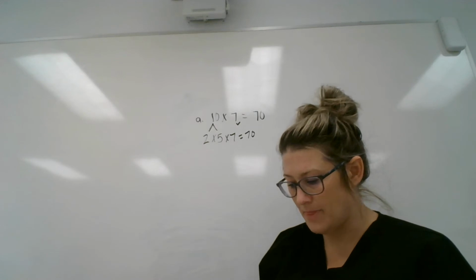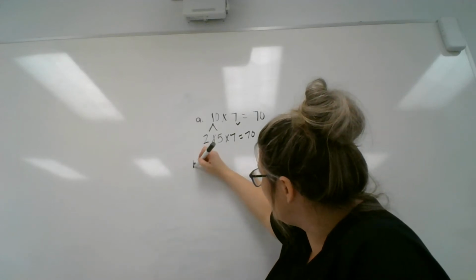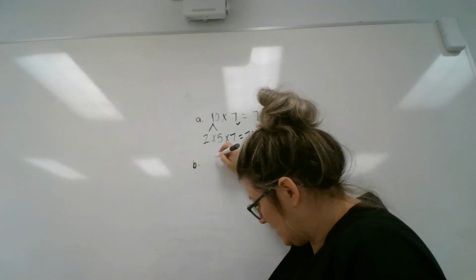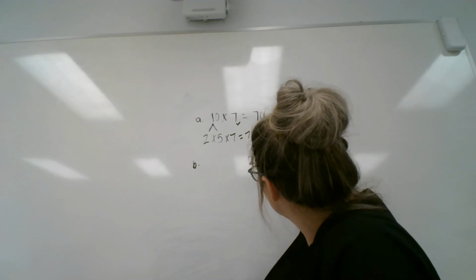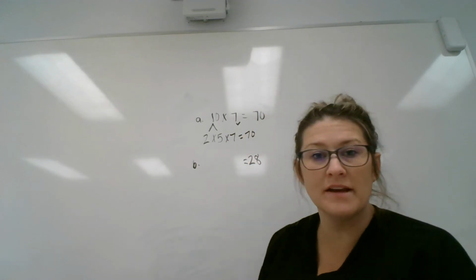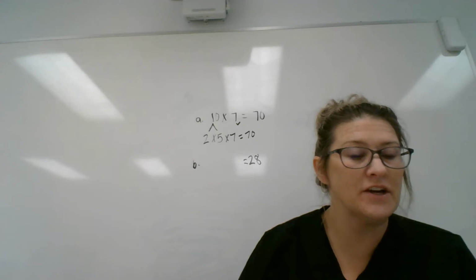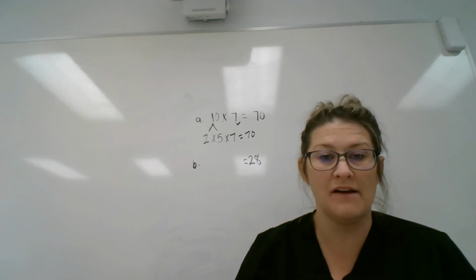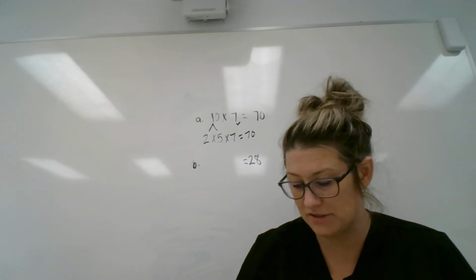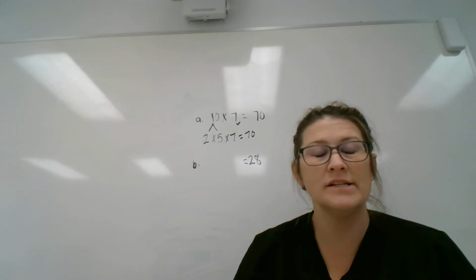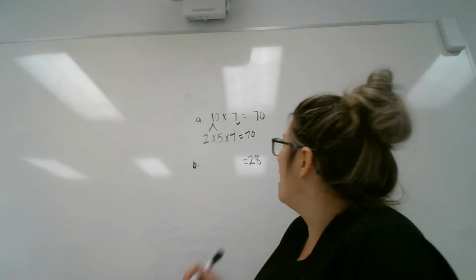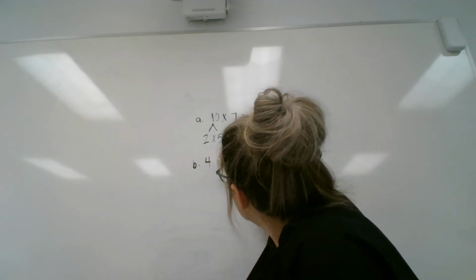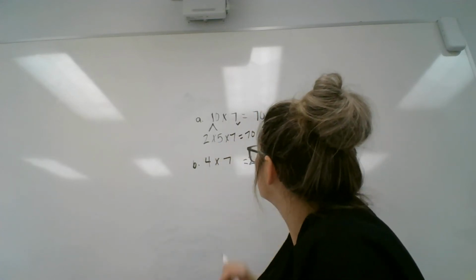Go ahead and look at B. It looks like this. You just have the big number. So I have to figure out which two numbers multiply together to get 28, and then I have to figure out the prime factors of those numbers. 4 times 7 equals 28.